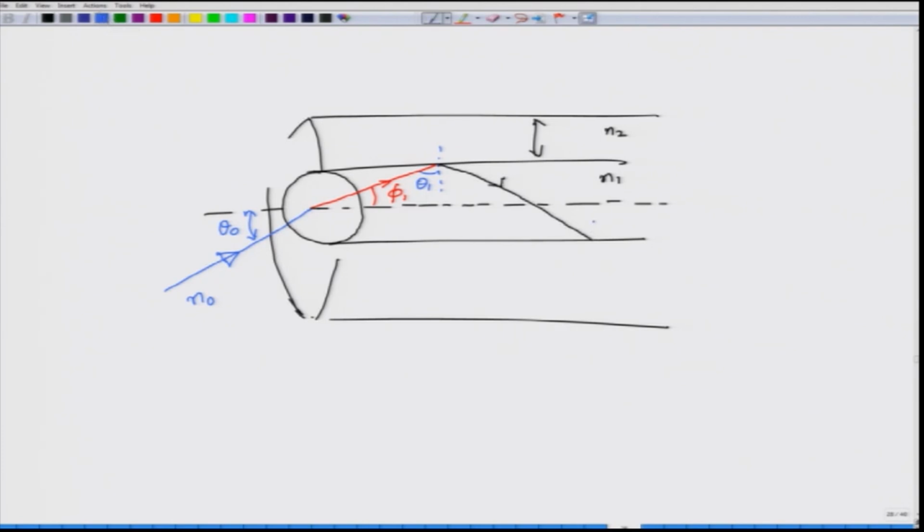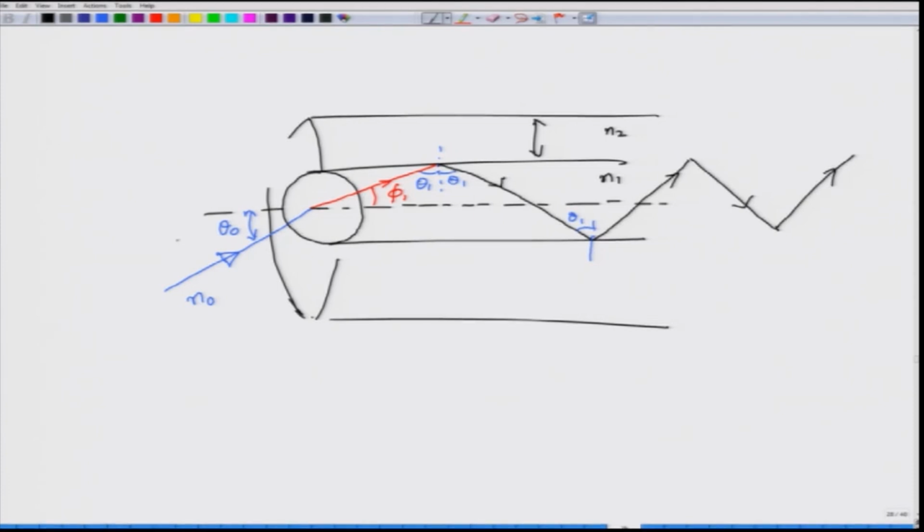There is nothing special about this one, because if this has refracted by this angle theta 1 because of total internal reflection, this angle would also be theta 1, and we have already established that this angle theta 1 is greater than the critical angle for the interface between core and cladding. Therefore, the ray of light further gets totally internally reflected, and then after passing through this zigzag path, light is guided from one point, that is at the input of the fiber, to the output of the fiber.